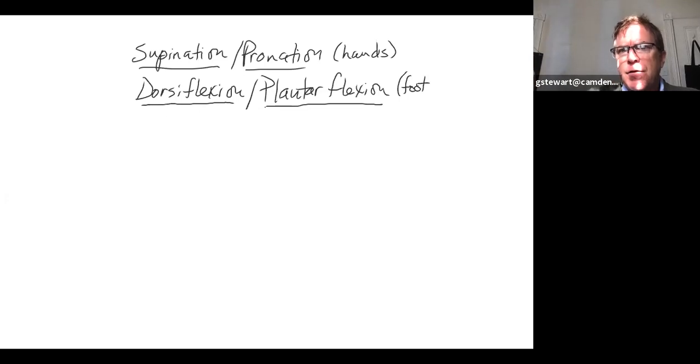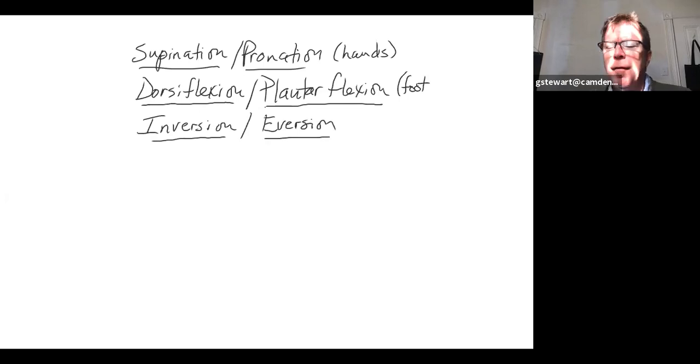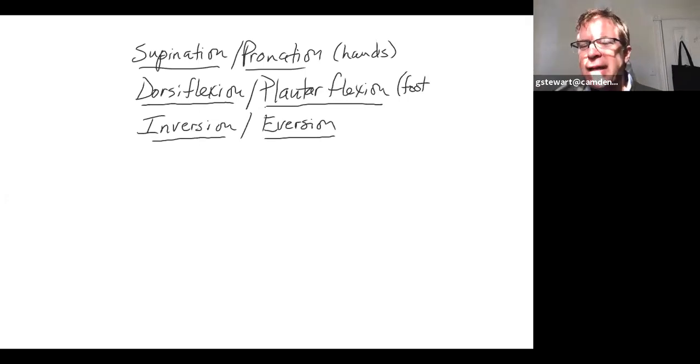Inversion and eversion are also special foot movements. Inversion just means when you are standing on the floor and lift one foot off the floor, barely, and try to turn the sole of your foot in toward the midline of your body.